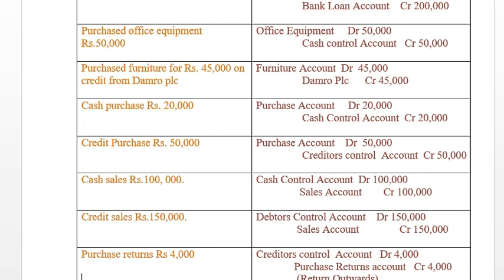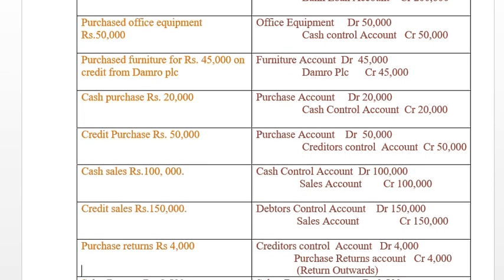But here we can't debit that amount to the cash control account because this is credit sales. Sales done on a credit basis. We are not getting cash at the same time. So it should be debited to the debtors control account. Debtors control account debit 150,000. Sales account credit 150,000.